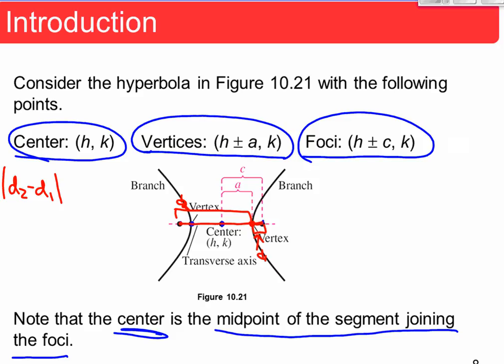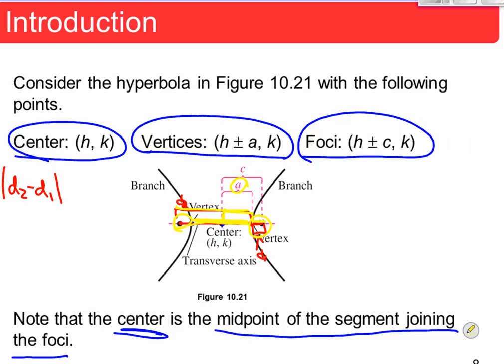I'm going to show you visually on here. Maybe it's a little harder if somebody's not in the room, but just look at this picture a minute. Do you agree that if I take D2 minus D1, this is the overlap part right there, and if I subtract it off, it's the same as that part? Does that make sense to you? And so this is the length of that, and since from the center to that vertex is considered A, then this distance is 2A.